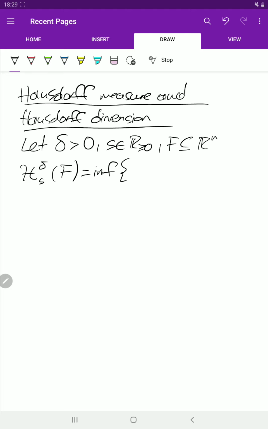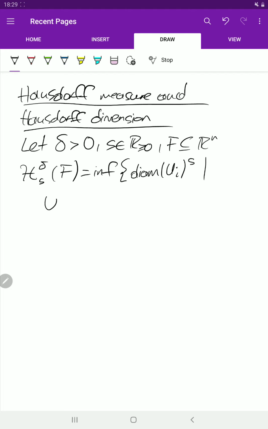And afterwards we'll define the Hausdorff dimension by using the Hausdorff measure. So we take the diameter of some sets U_i. Probably you already have an intuition about that, but I'll tell you what it is exactly later.